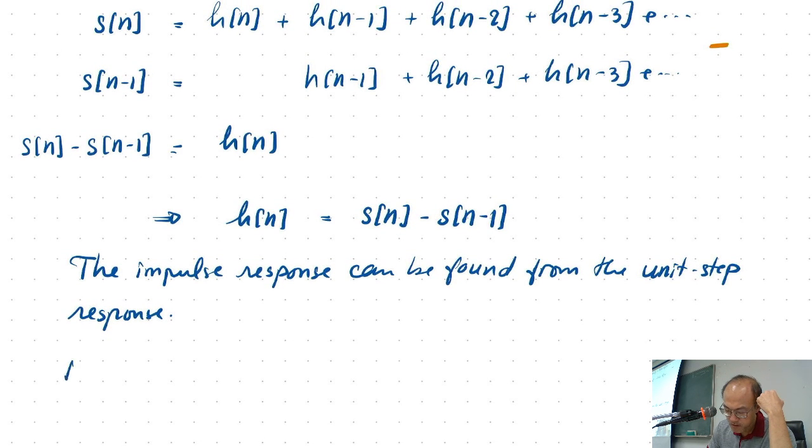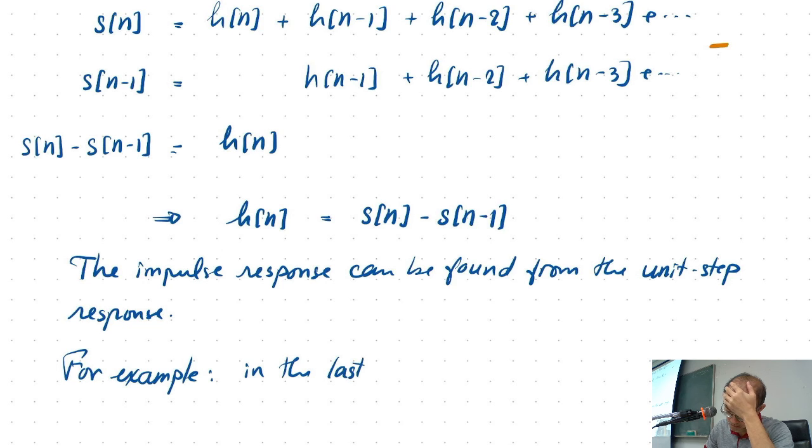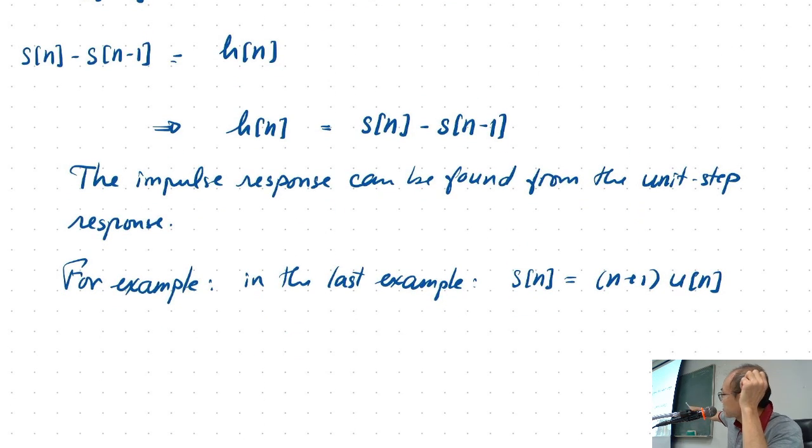For example, in the last example, we had s of n equal to n plus 1 times u of n. This is from the last example. The unit step response was n plus 1 times u of n.